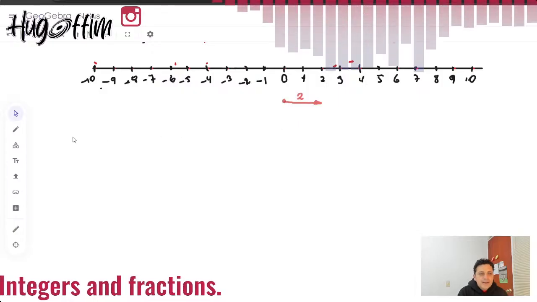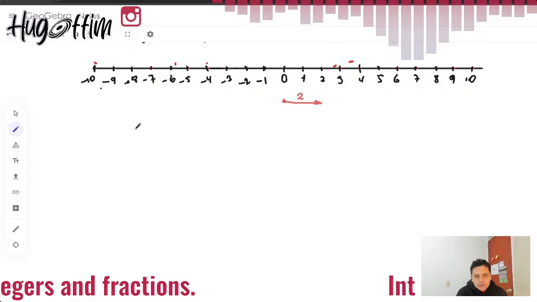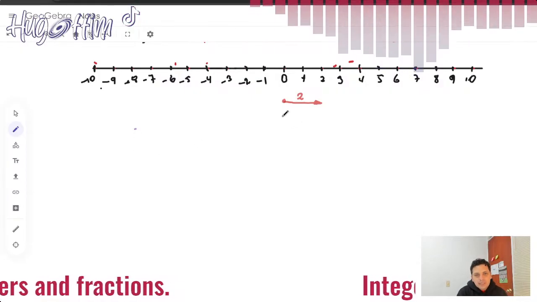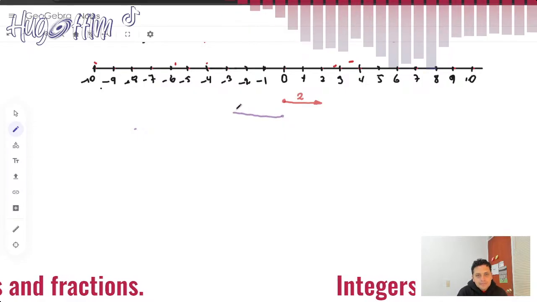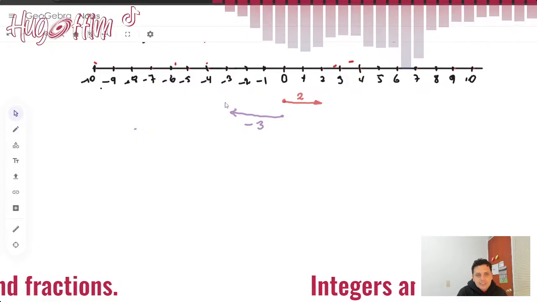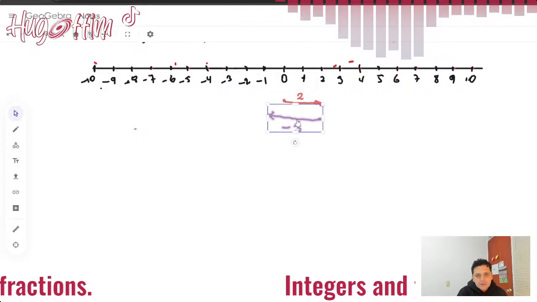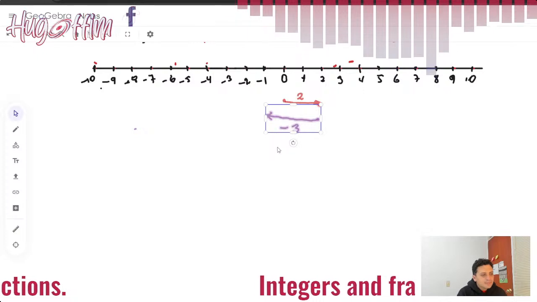And this is good to see because if you're going to add numbers, let's see that I'm going to add 2 with negative 3. The addition of integers is just like you're going to put one arrow next to the other, and in this way you can see the answer.